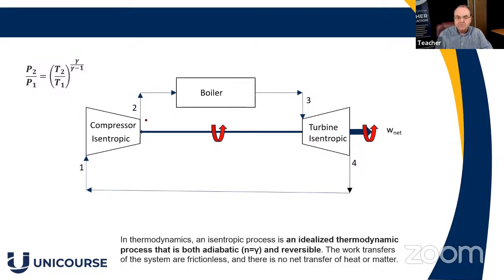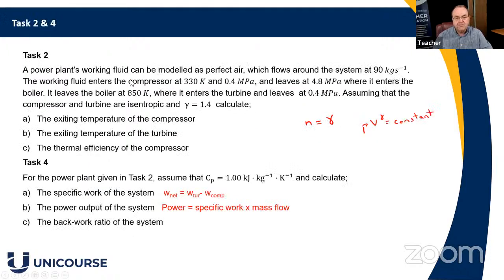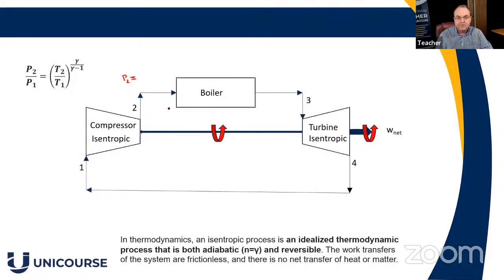So let's make a note of that. Write down what you know. P2, I need to go back and have a look, I can't remember. So P2 is 4.8 megapascals. T2, we don't know, so put that as a question mark.